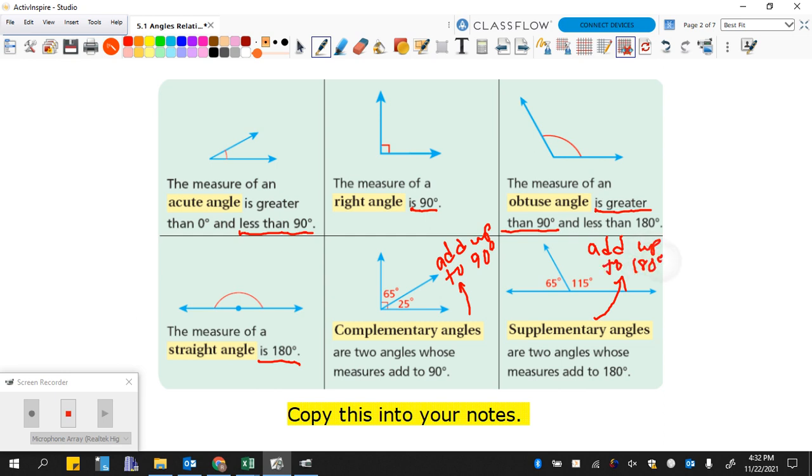The way that I keep them separate is that C, complementary, comes before S, supplementary, in the alphabet, and 90 comes before 180 on a number line. That's just a little way that I keep complementary 90 degrees and supplementary 180 degrees.